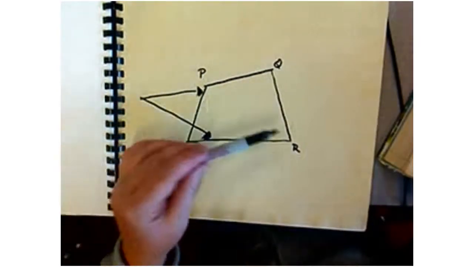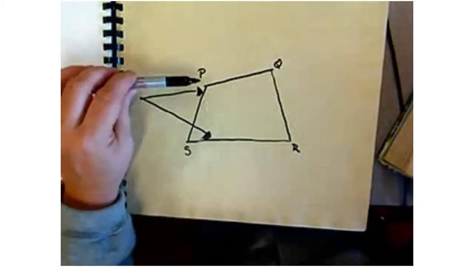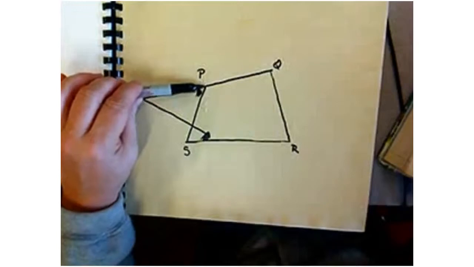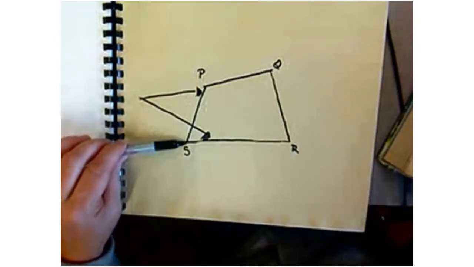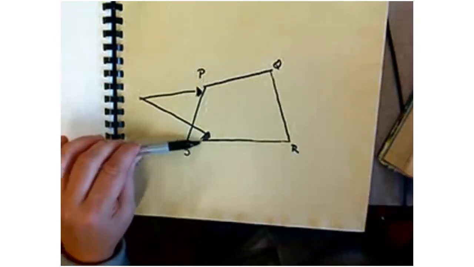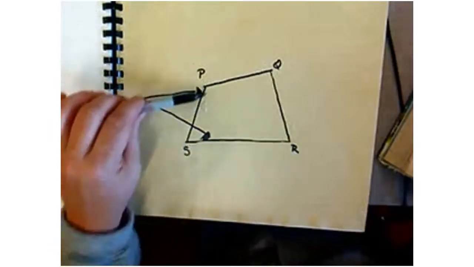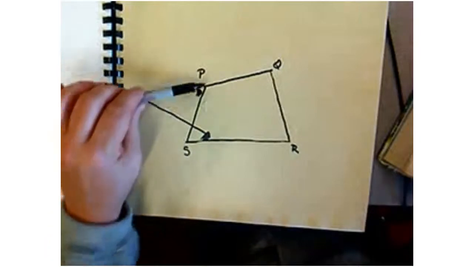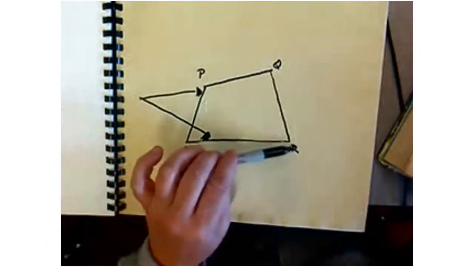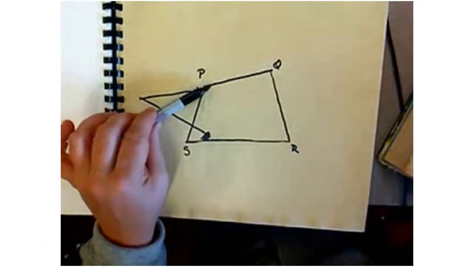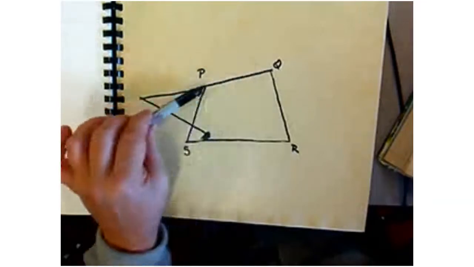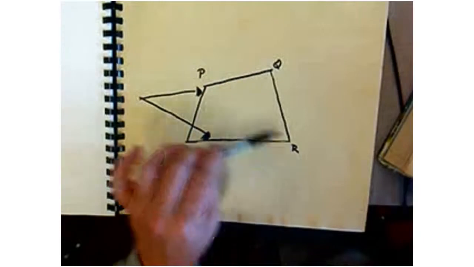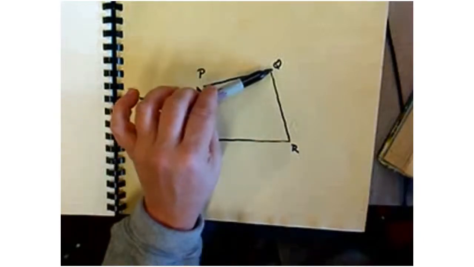And if you go up and read your key, in the graphic and print, it says side PS and SR are consecutive. And that's because if you started at P and you were to imagine walking along P to S, and then you would turn the corner and go S to R, those are consecutive, right? You're using that same S vertex, PS and then SR. So if you start at P and went to Q, top right, then you turn the corner and go down to R, PQ is consecutive to QR.